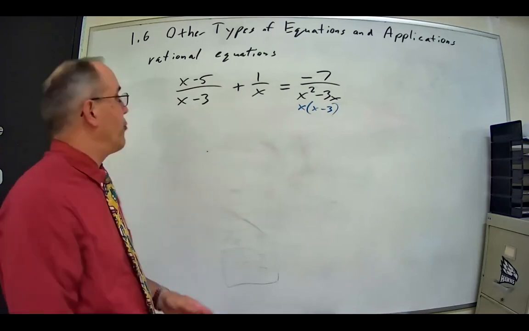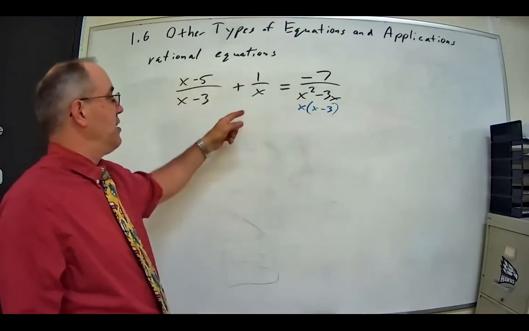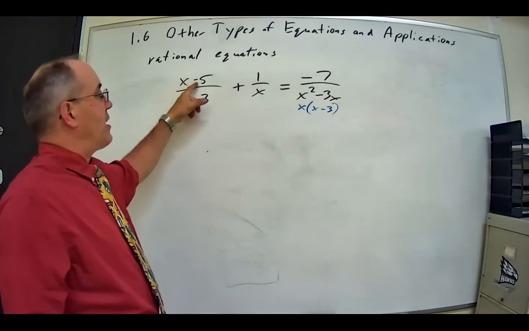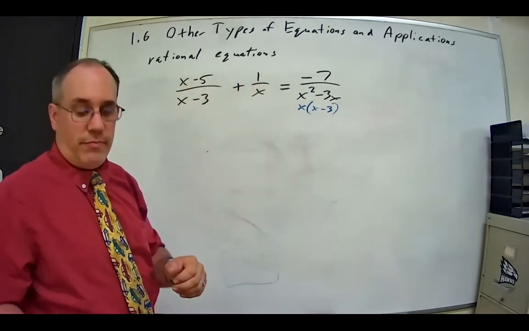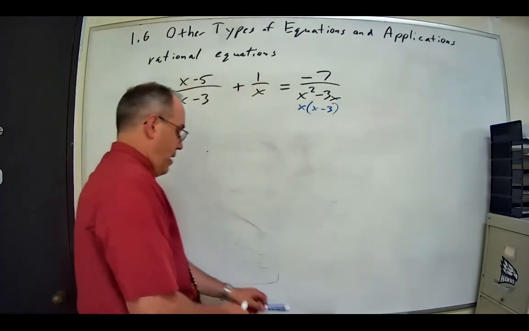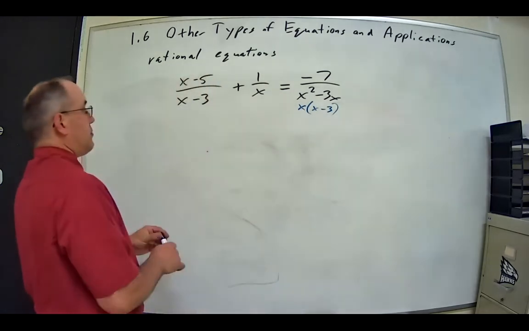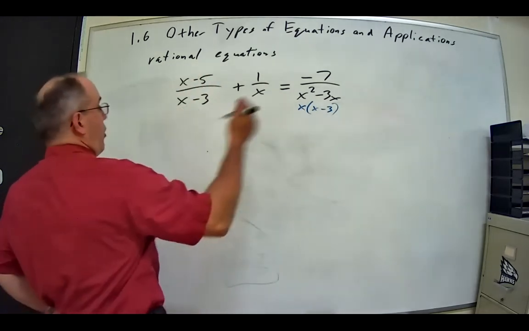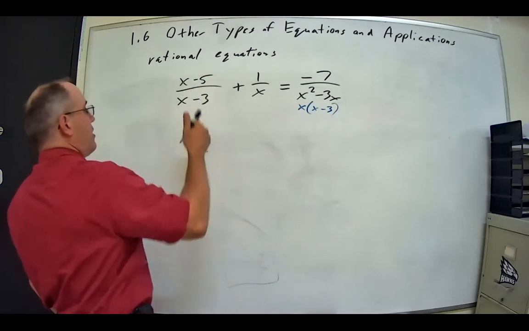So essentially, that is just the product of these two. So all I need to do is multiply this by x and this by x minus 3. So we need to multiply this by x.